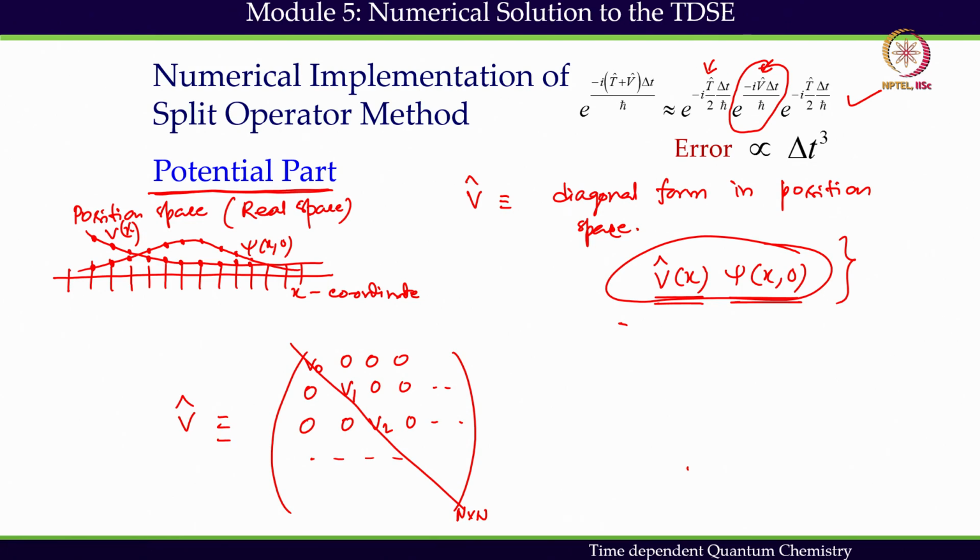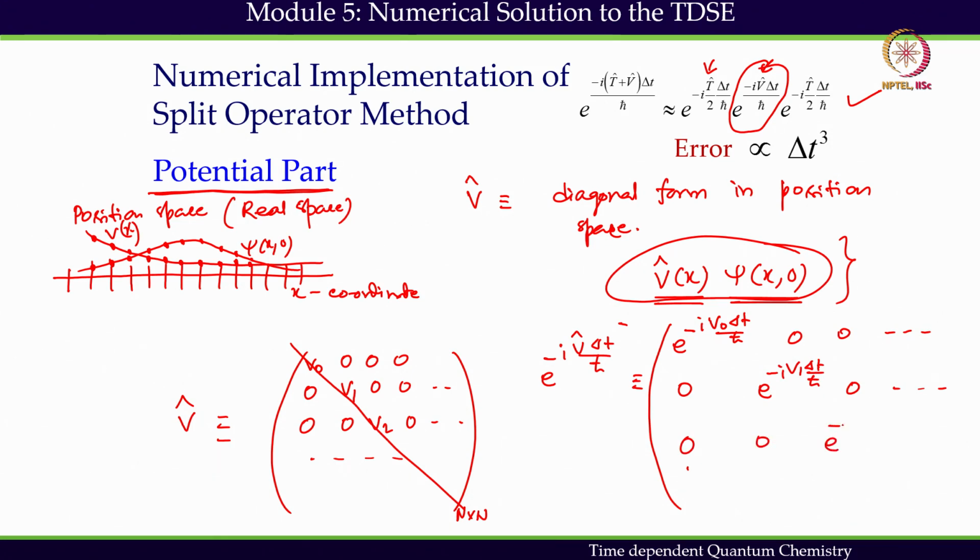So I can write down the potential part of the propagator, e to the power minus i V delta t by h cut, as nothing but e to the power minus i V0 delta t by h cut, then 0, 0, like this, then 0, e to the power minus i V1 delta t by h cut, 0, like this, 0, 0, then e to the power minus i V2 delta t by h cut, like this.